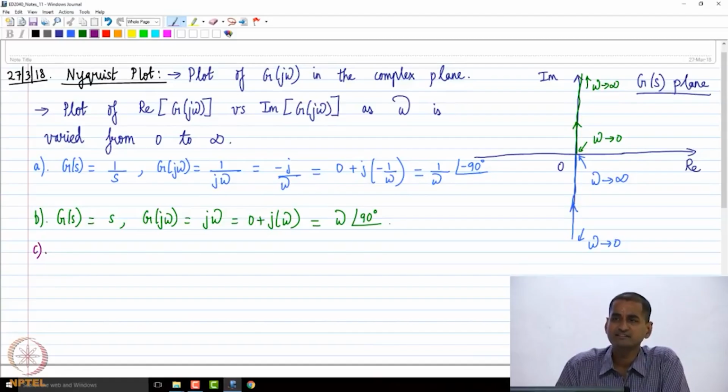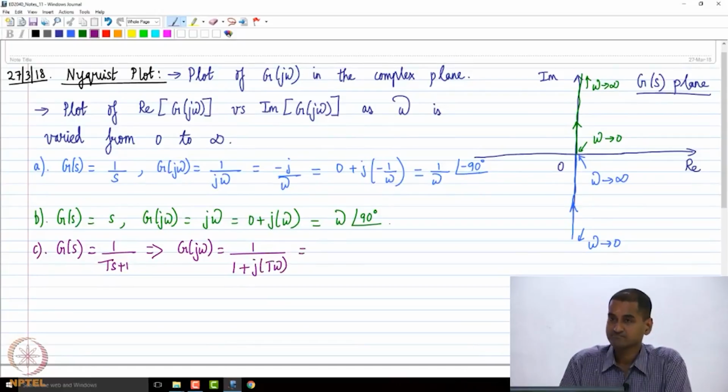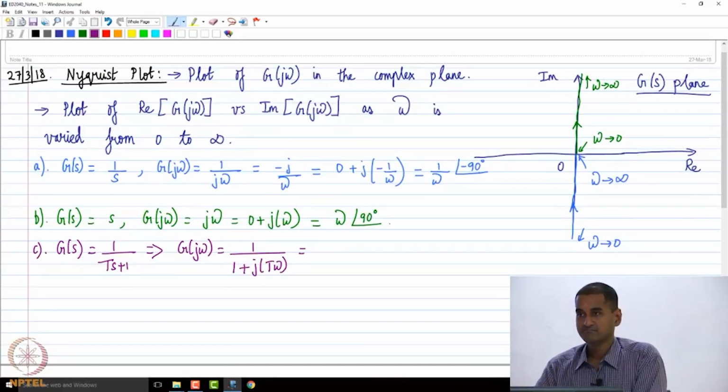So what is the next factor that we considered? G of s is 1 divided by Ts plus 1, right? If I want to figure out the sinusoidal transfer function, this can be written as 1 divided by 1 plus j times T omega, correct?